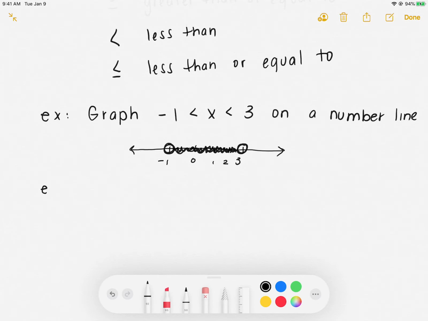Is it all coming back to you? Kind of, maybe, sort of. What if I asked you just to graph x is less than or equal to 4 on a number line? Then I draw my number line.